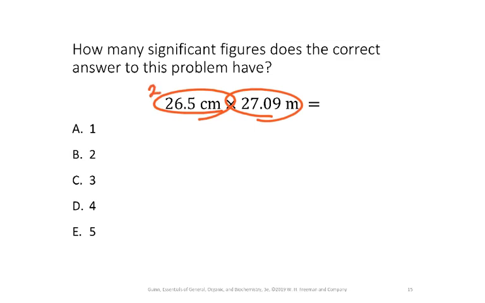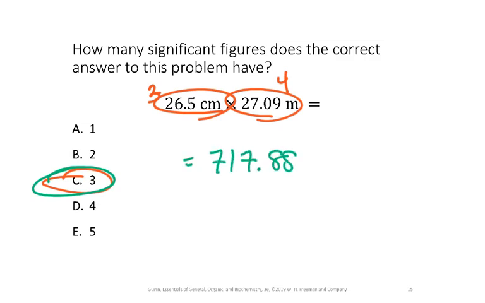So here we have 3, here we have 4, and so the answer, whatever it is, would only be 3. It is, by the way, 717.885 on my calculator. So to 3 would be 718.